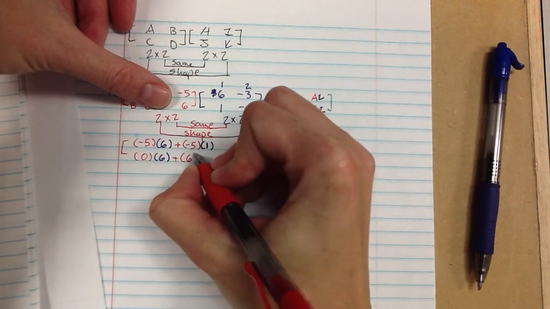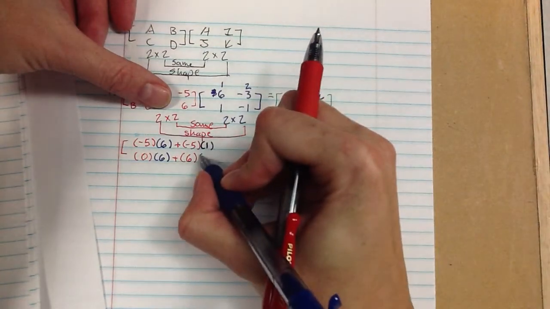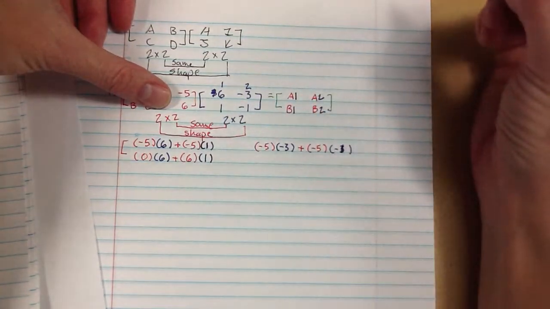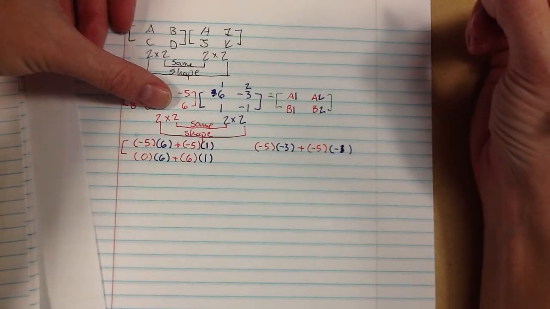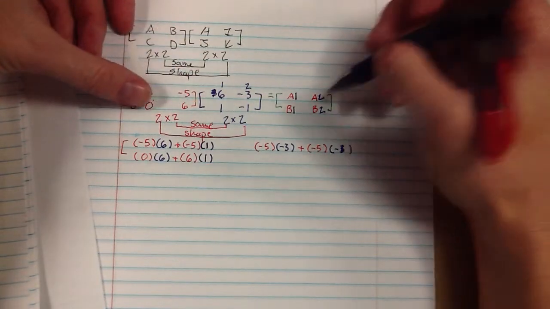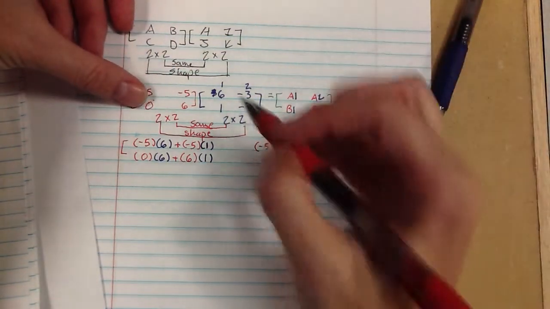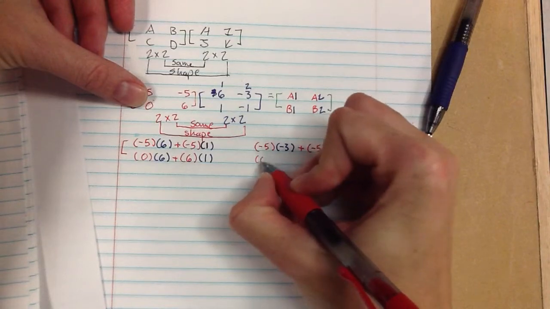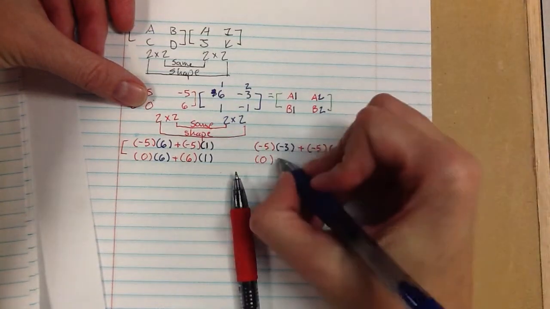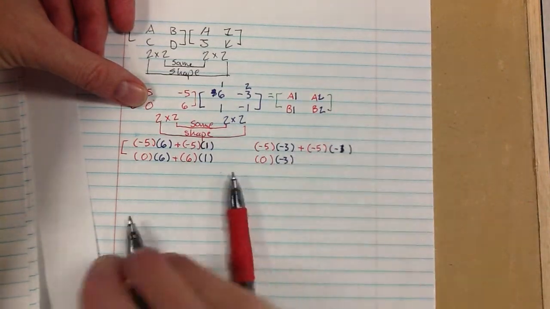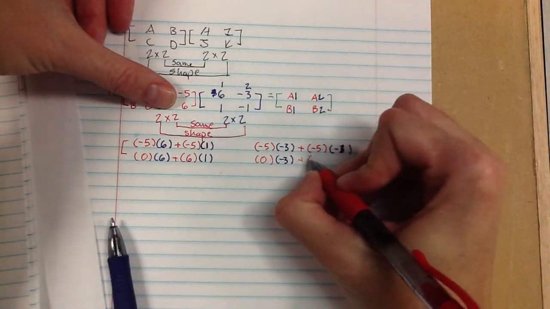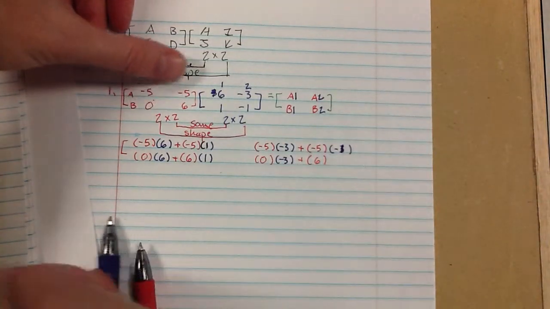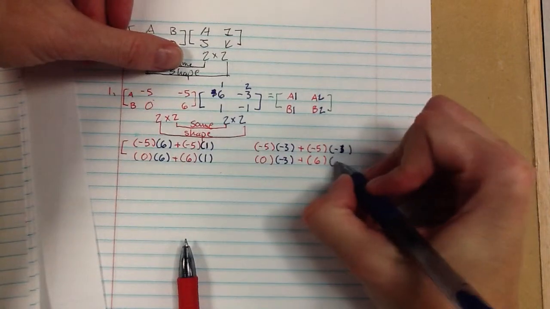Plus 6 and 1. We've got to do B2. So I have 0 and negative 3 plus 6 and negative 1.